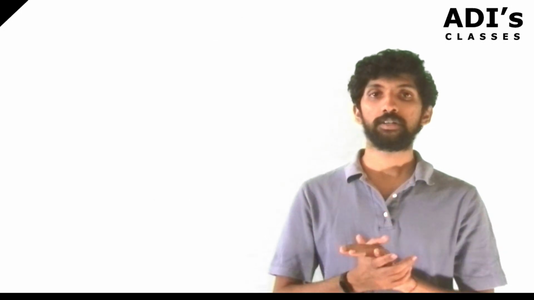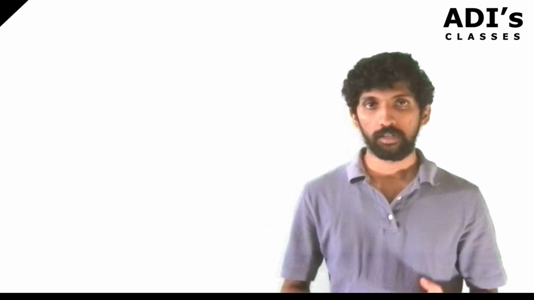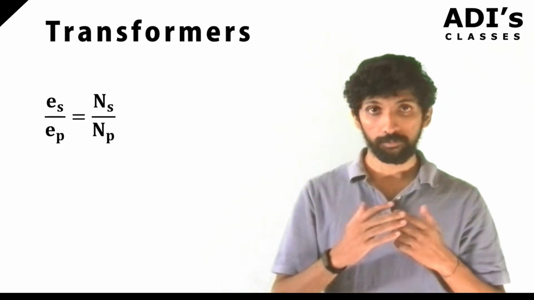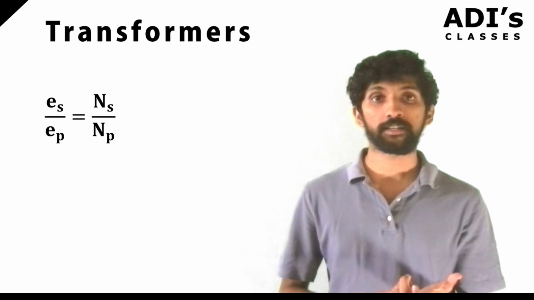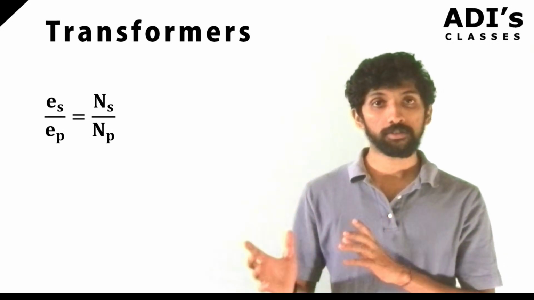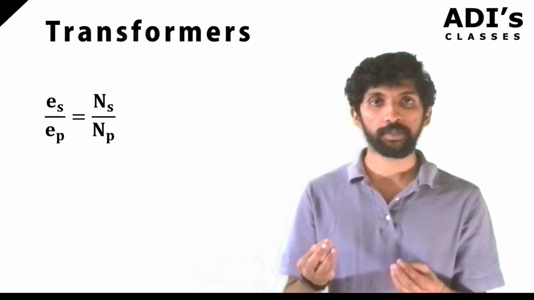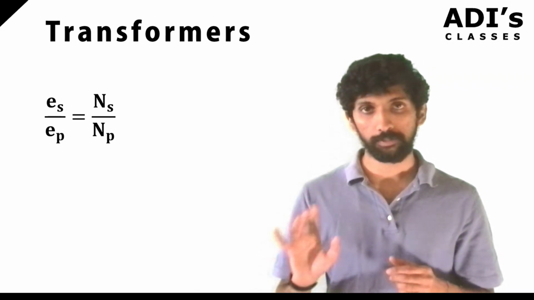So after power, we moved on to a very important topic, which is transformers. For transformers, we looked at how a transformer works. Because of mutual induction it works, and the core has to be a laminated core to get rid of the eddy currents. And then we also saw how the EMF, basically the voltage, and the current will be induced in the secondary due to the primary, correct?